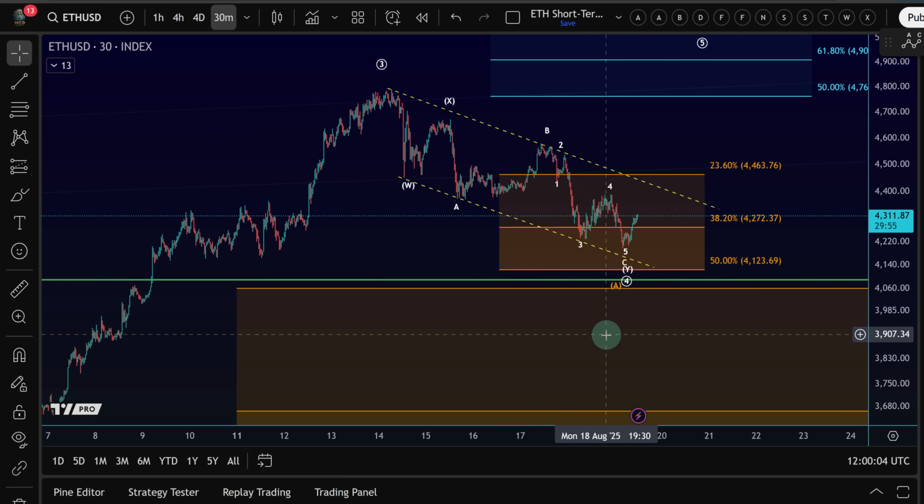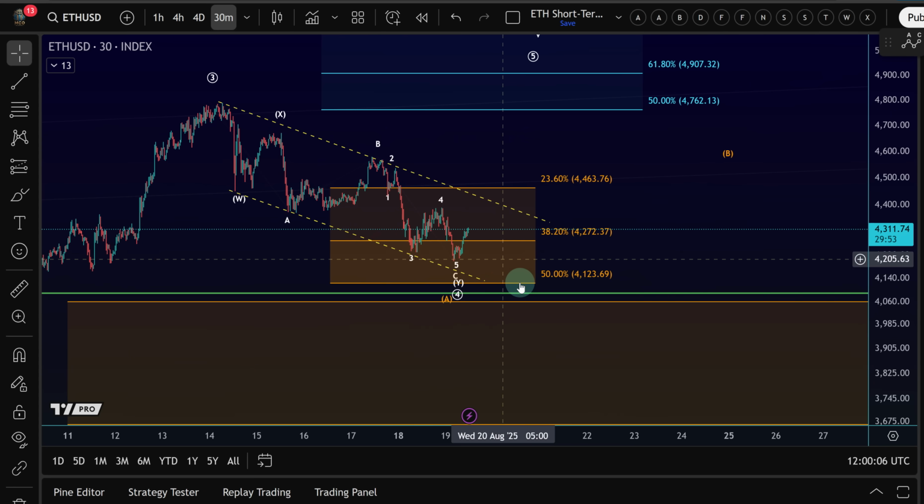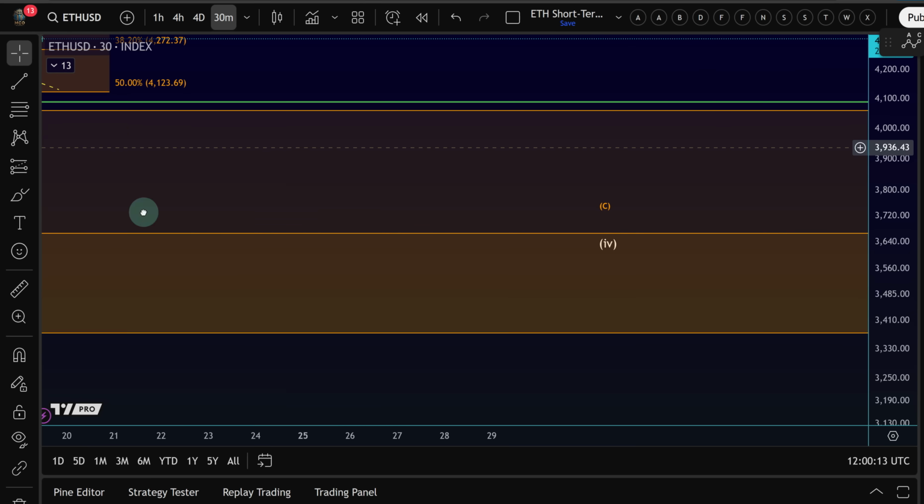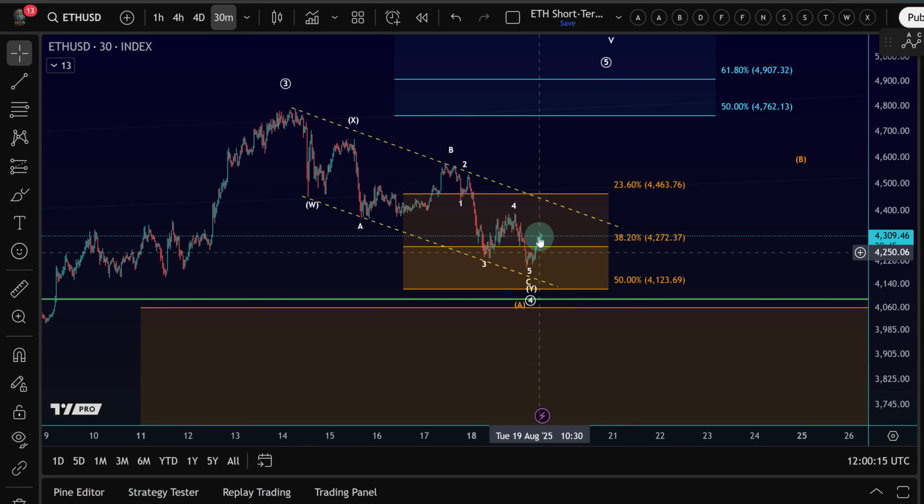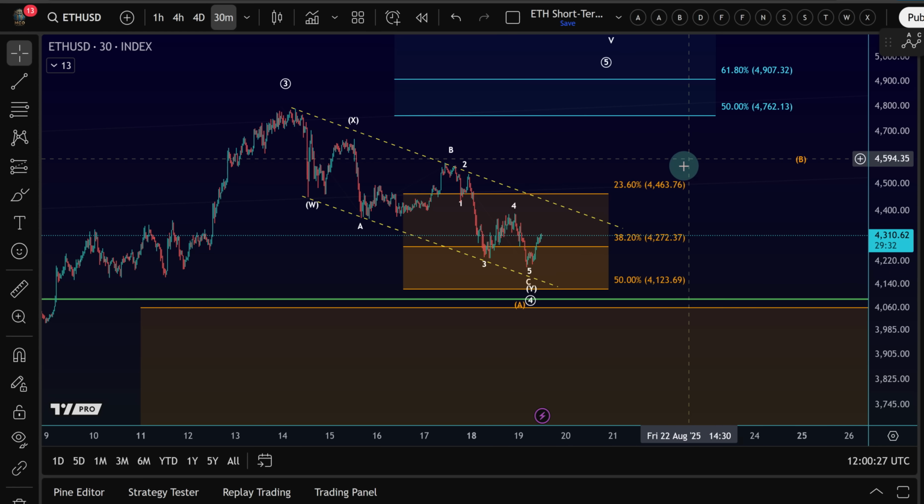And please note that a decisive break below $4,120 would indicate that we are already in the larger degree wave 4. But it's a decisive break, so just a wick below 4,120 would not invalidate the pattern. At this point, I think further downside cannot be ruled out, but this is exactly the spot where the bulls could show up. Very interesting spot, very key spot.